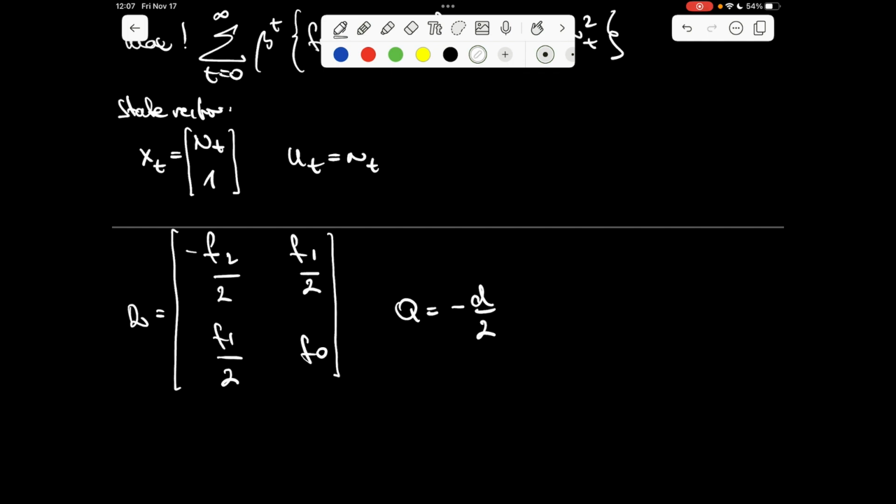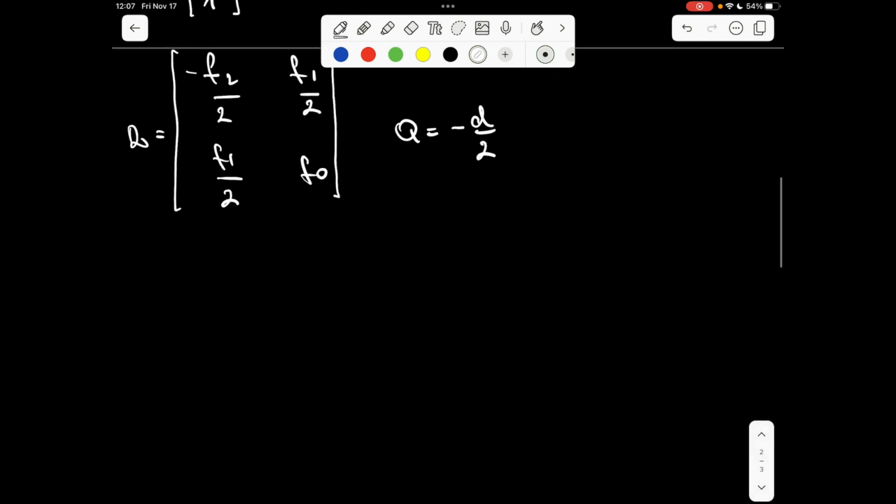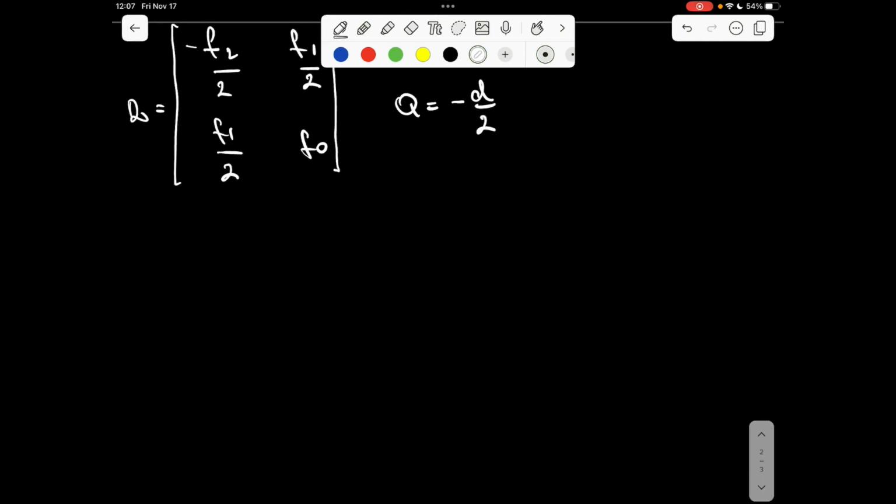minus D over 2. And we need the equation as a second step. We need this equation, which is going to be an easy feat.